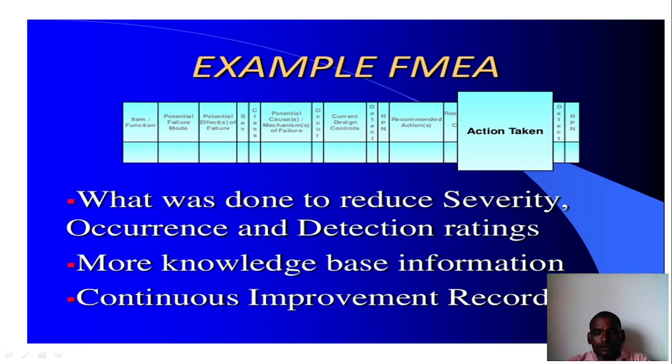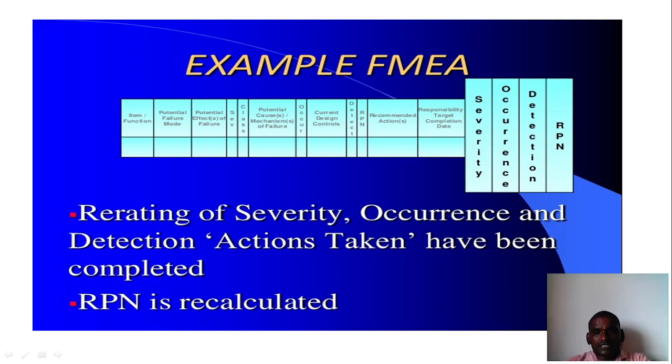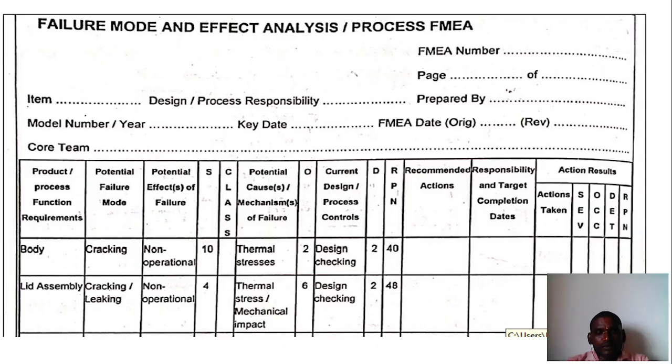Okay. Then the severity, occurrence and detection ratings are revised based on the RPN. After the actions taken have been completed, the RPN is recalculated. If the RPN is recalculated, you can get the final solutions. Okay. So that's the concept of the failure mode effect analysis form.